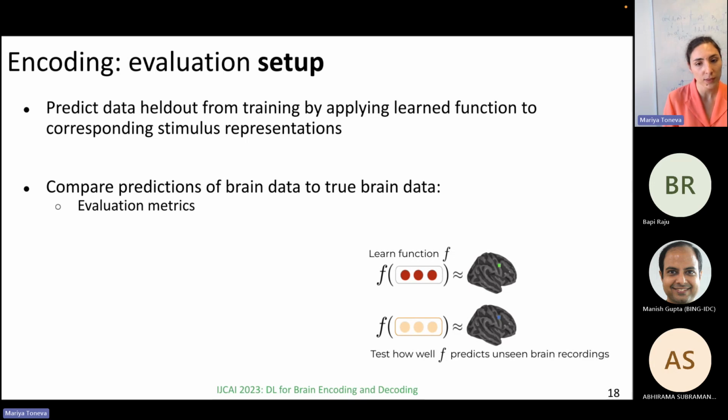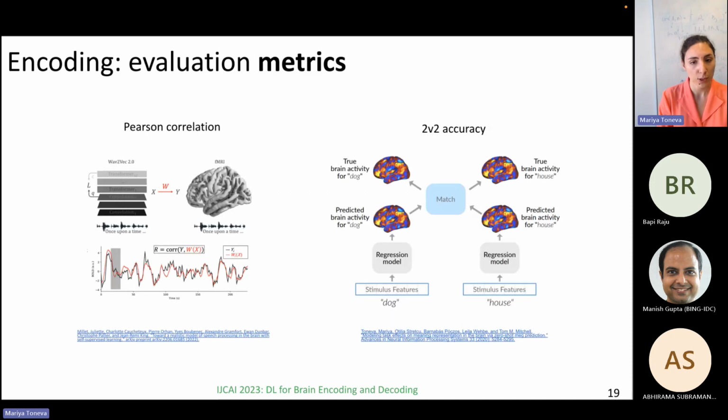And there are several different evaluation metrics for this. I talked about the most common one so far, which is Pearson correlation, and I'm showing this on the left side here of the slide, which again uses very simple correlation to look at how similar the prediction for a particular XYZ coordinate in the brain is with the true actual brain activity for the same XYZ coordinate across many different test samples.